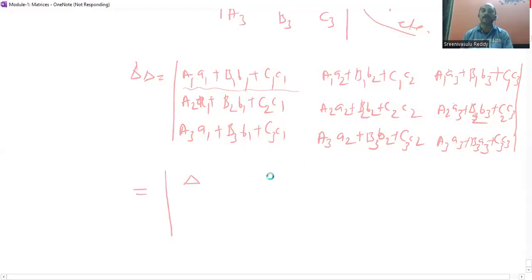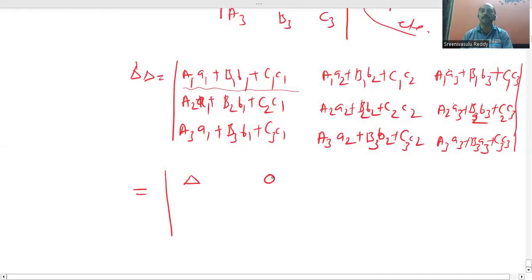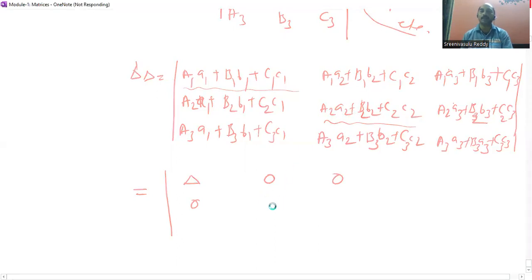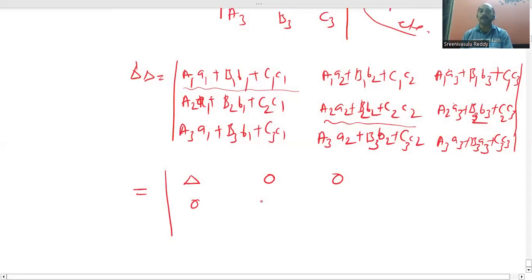Similarly, in the second row, the sum of the products with the corresponding elements gives the det, and the other values are 0. So in the third row: 0, 0, det.